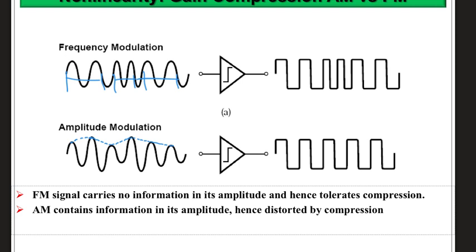That's the AM case. The FM case, again, it's going to clip everything. But then when you try to extract the information, you are not really dependent on what happened to the amplitudes. You are trying to extract the information from those frequencies, right? So, assuming that the clipping does not take everything to zero, you will end up with your information maintained.